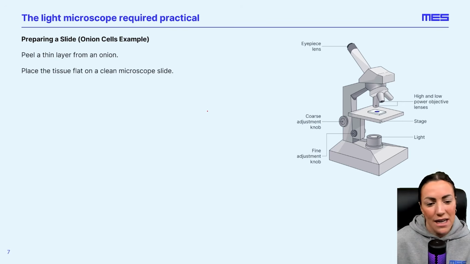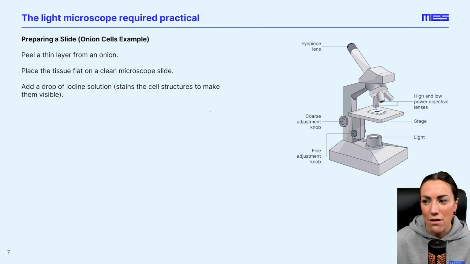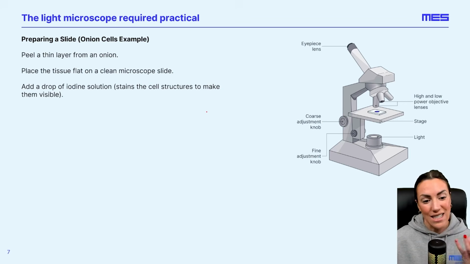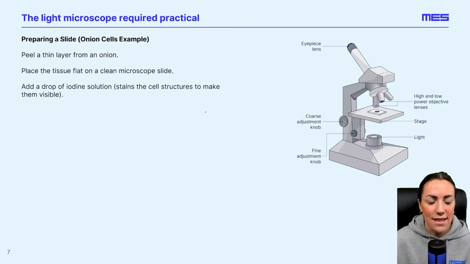You would take that thin layer or that layer of tissue and place it, making sure it's nice and flat, on a glass microscope slide. You're going to need to add a stain. So we're going to add a drop of iodine solution, which has an orangey colour. That's going to stain the cells and it's going to stain the subcellular structures to make them visible.